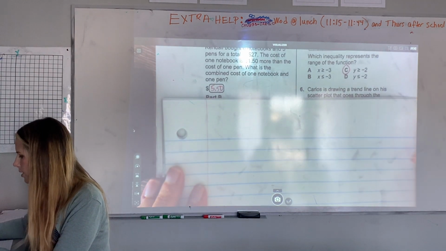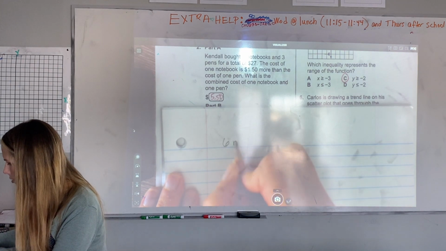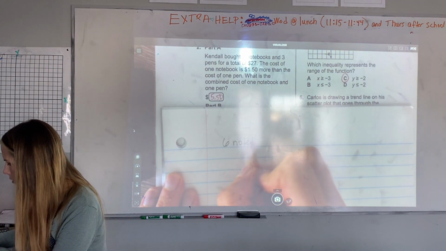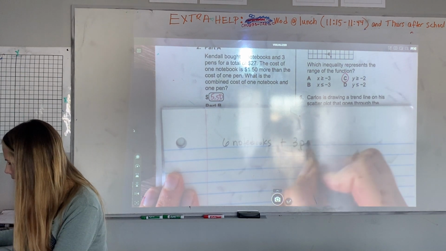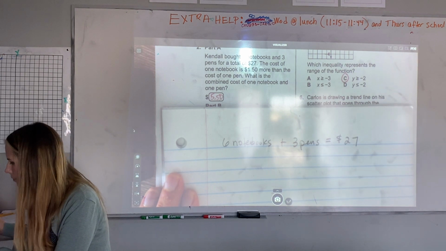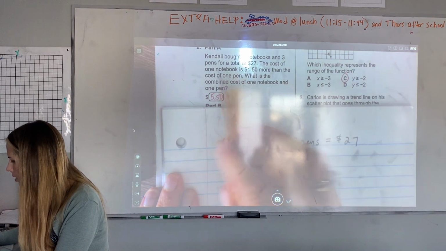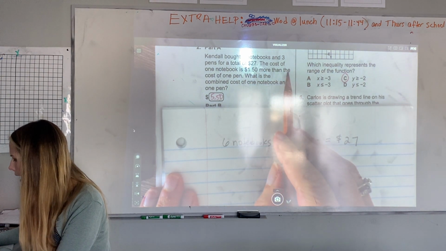So 6 notebooks and 3 pens. I'm just gonna write that out. 6 notebooks and 3 pens equal $27, right? The cost of one notebook is $1.50 more than the cost of one pen.